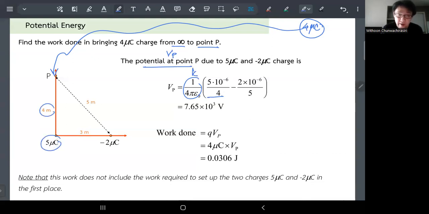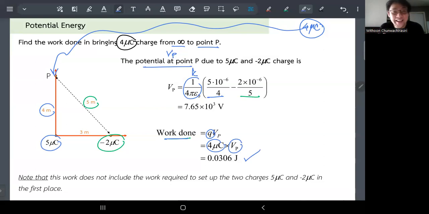That's my first term here, followed by negative 2 microcoulomb over 5. That's the second term there. With me, guys? That's how you calculate potential at point P. And the amount of work done that you have to put into your 4 microcoulomb charge is to take that 4 microcoulomb charge, multiply by V at P, and that's it. You're done.